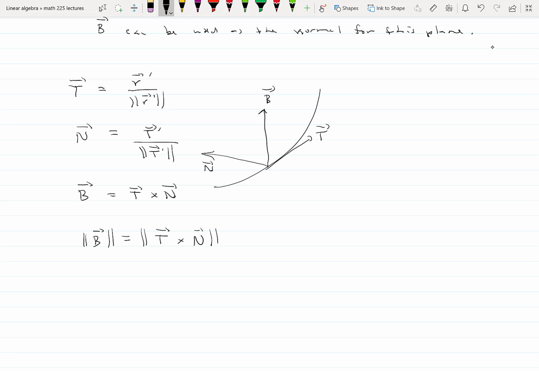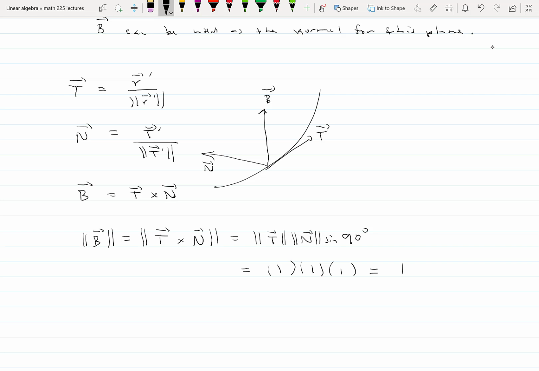The length of the binormal vector is the length of T cross N, since the binormal vector is T cross N. So using the alternate formula for the length of a cross product, it's the length of T, the length of N, times the sine of the angle between them. And what's the angle between T and N? It's 90 degrees. T is a unit vector, N is a unit vector, sine of 90 is 1, so the unit binormal has length 1.